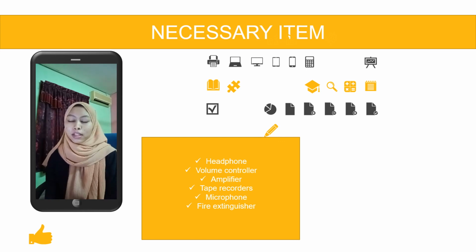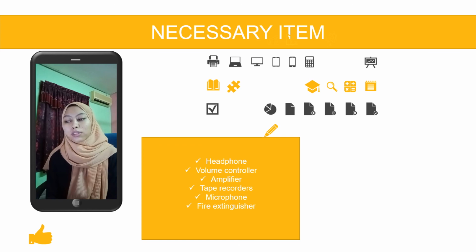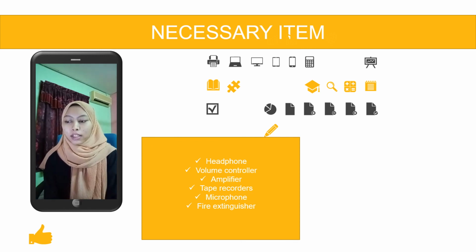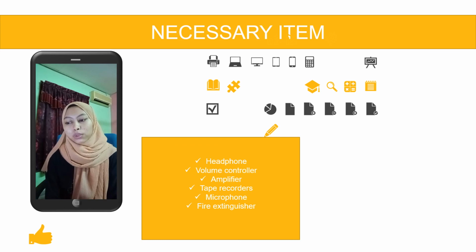Tape recorder is a recording system that makes use of electromagnetic phenomena to record and reproduce sound waves. It is also used for students to record their voice and to hear it to check whether their pronunciation is good or bad. Microphone is a device and a transducer that converts sound into an electrical signal. It is used for teaching to make it clear and loud.